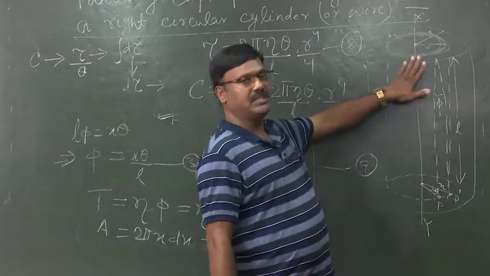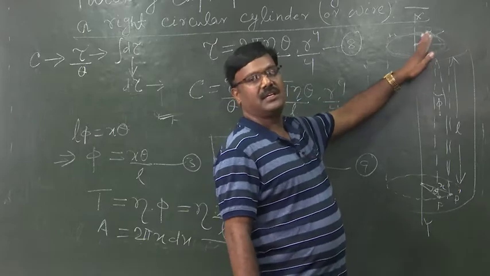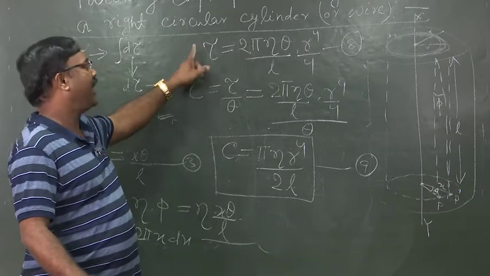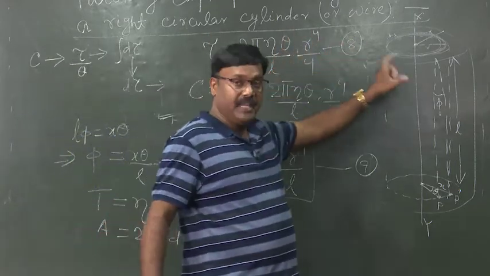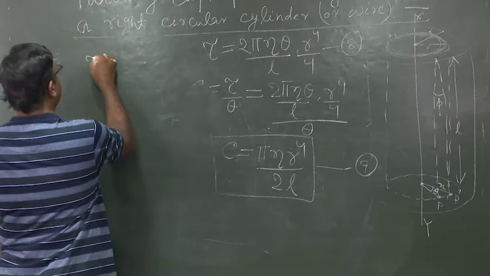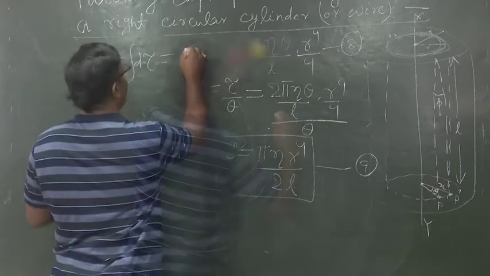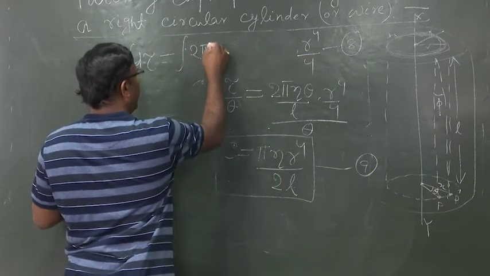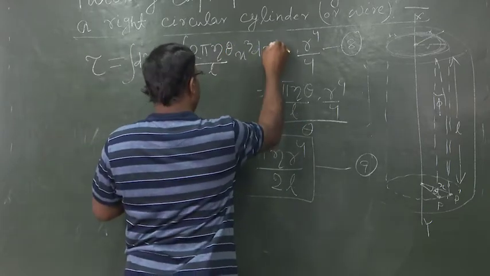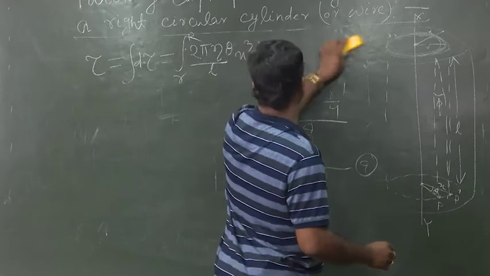Let us consider a hollow cylinder having internal radius small r and external radius capital R. When we calculate the torque, we have to integrate over the limits small r to capital R, and we will get tau, which will be equal to the integration of d tau, and this is equal to the integration of 2 pi eta theta by L x cube dx from the limit small r to capital R. This is the only difference.